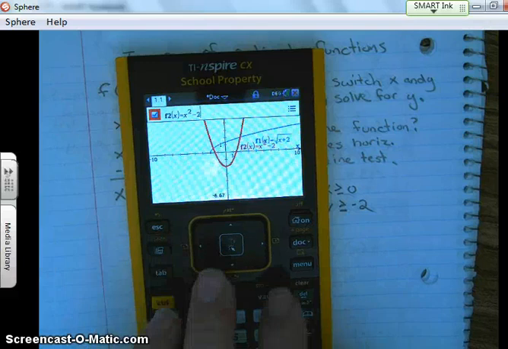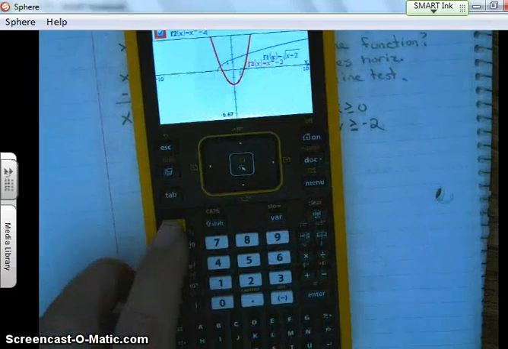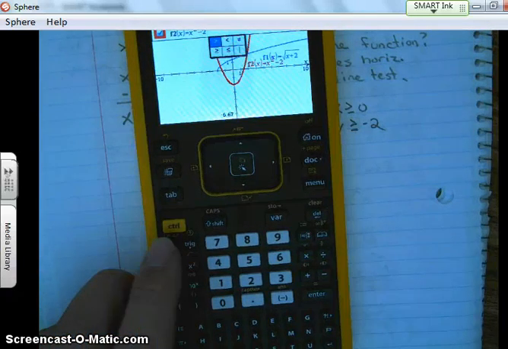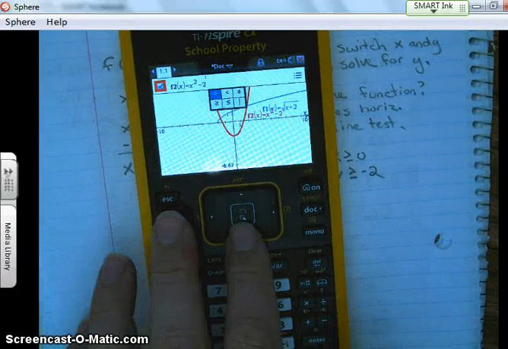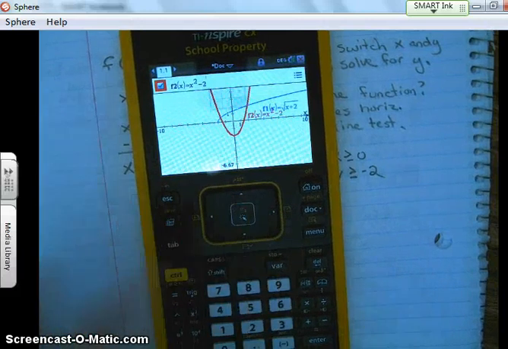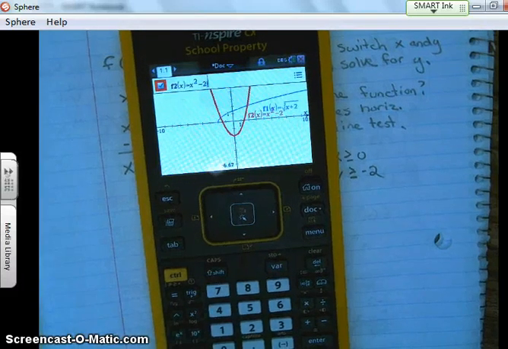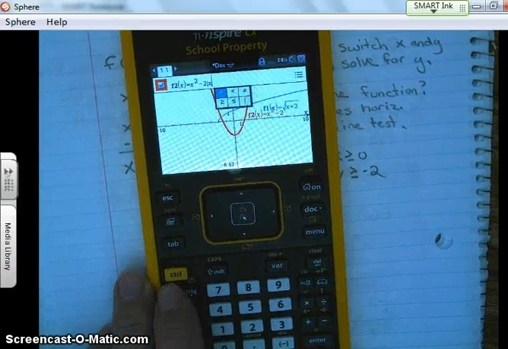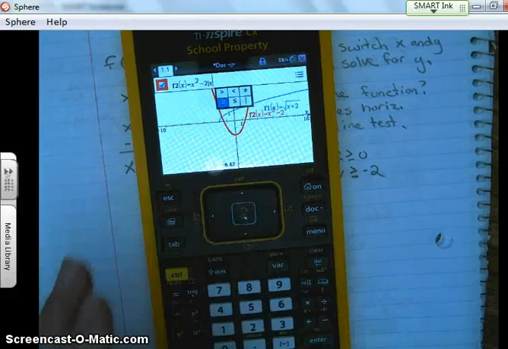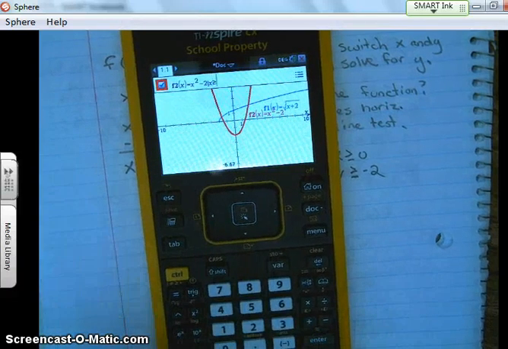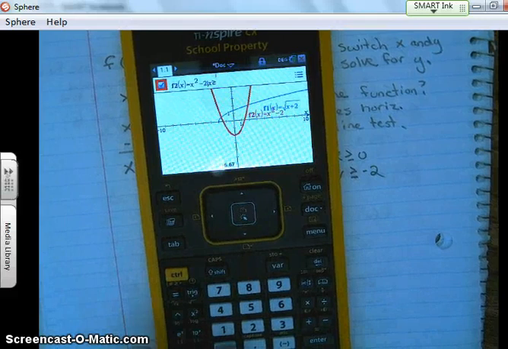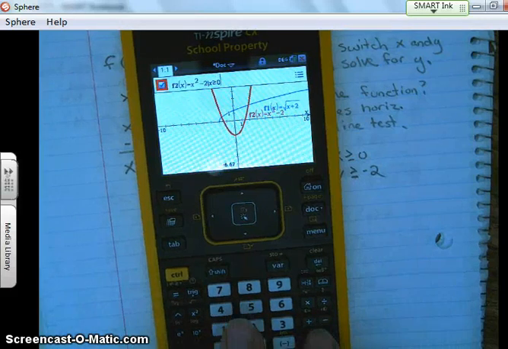All right, and then we're going to do control equal. Remember, we have to put the bar first, and then we want x control equal, and we want greater than or equal to, and 0.